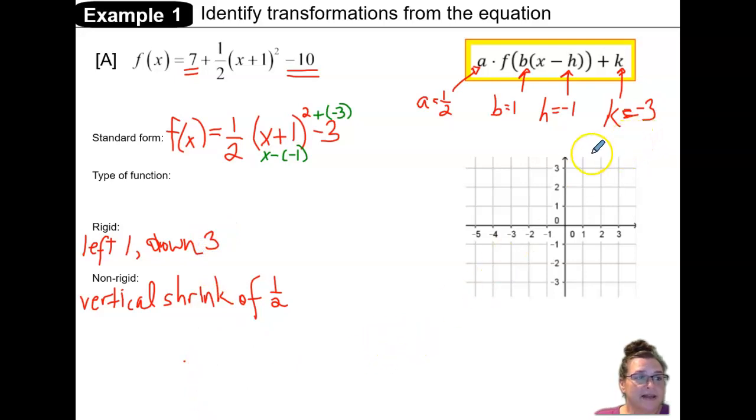Now before I can sketch that graph, I need to know what type of function I'm looking at, and because there's a square here, that tells me that this is a quadratic. Whoops, that looks like an S. Let's fix that. So quadratic.